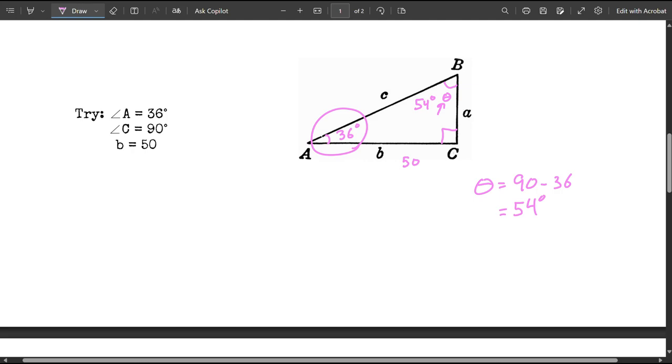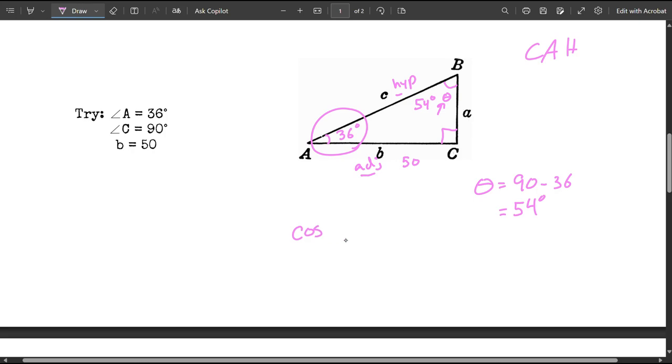Next, why don't we just try to solve for the hypotenuse, C. So we have the adjacent side to our angle A, and the hypotenuse. So remember, adjacent and hypotenuse, that's the CA from SOHCAHTOA.